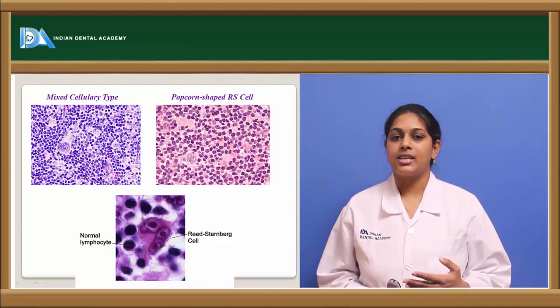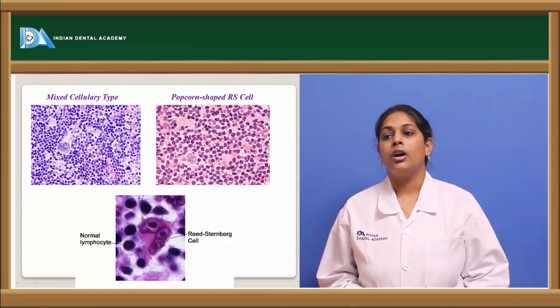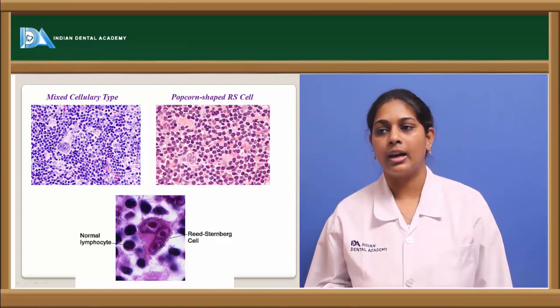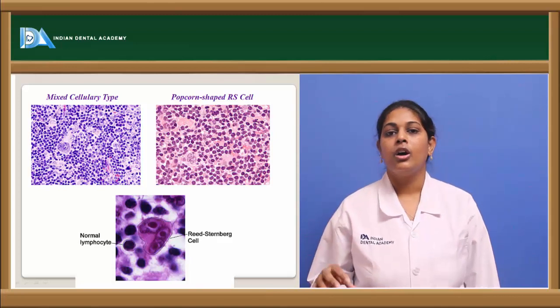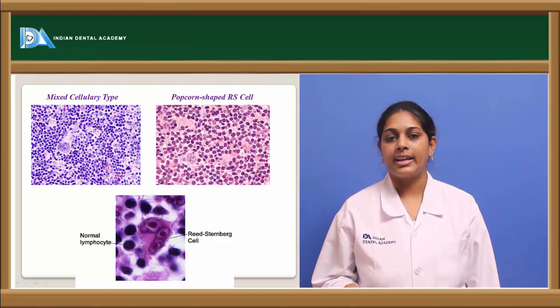Then the classic Reed-Sternberg cell shows mirror-image nuclei, giving an owl-like appearance because of the central nucleolus-like structure surrounded by scanty peripheral cytoplasm.